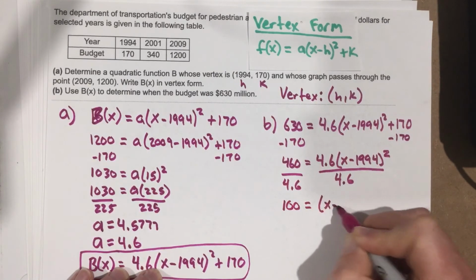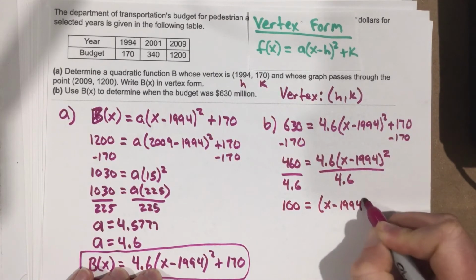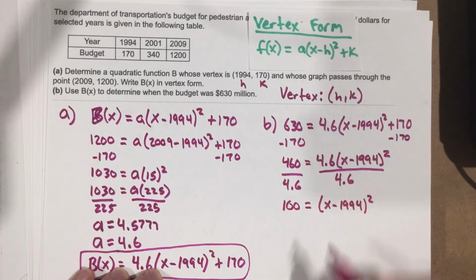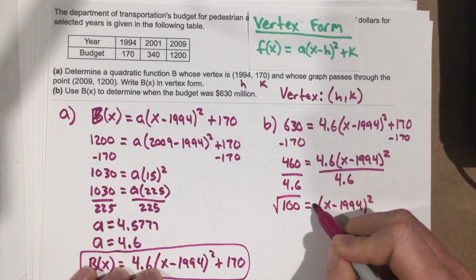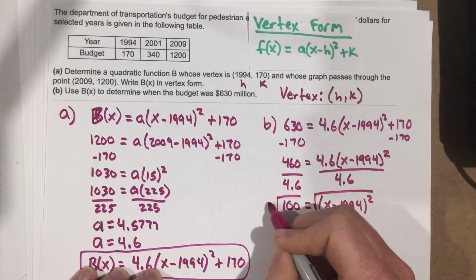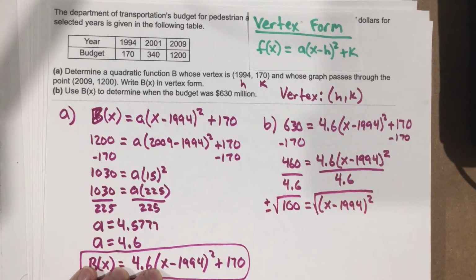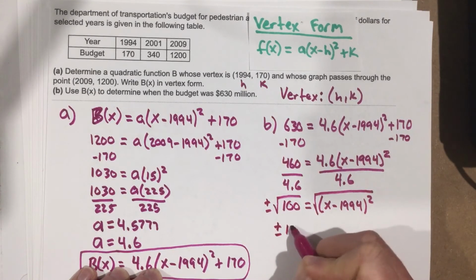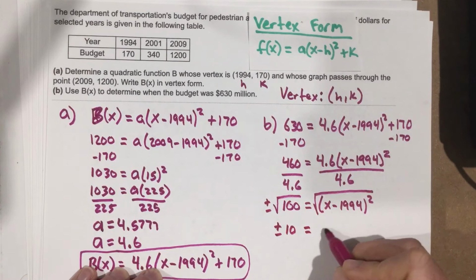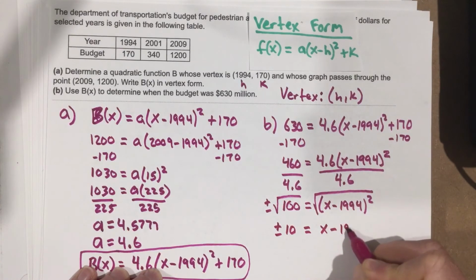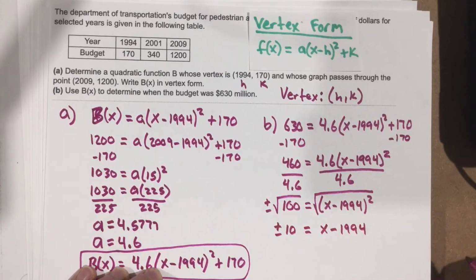So we've got 100 equals (x minus 1994) squared. We're going to square root the left side and the right side. And when we square root this, remember this is plus and minus. So we end up with plus and minus 10 equals x minus 1994. We're going to add the 1994 over.